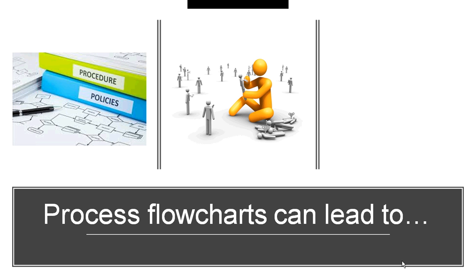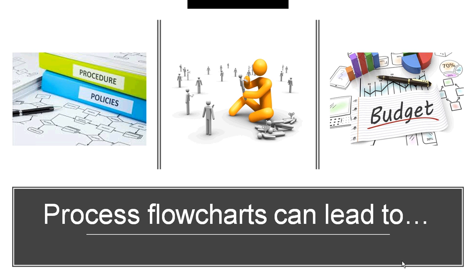So once we've outlined what this process looks like, we'll be able to know, okay, we're going to need 3 HIV testers on staff. Process flowcharts can also lead to figuring out our budget. So we'll know how much we need to be spending on incentives, marketing materials for our programs. All of that can be identified once we've processed out what our intervention, our strategy, what HIV testing looks like at our agency.